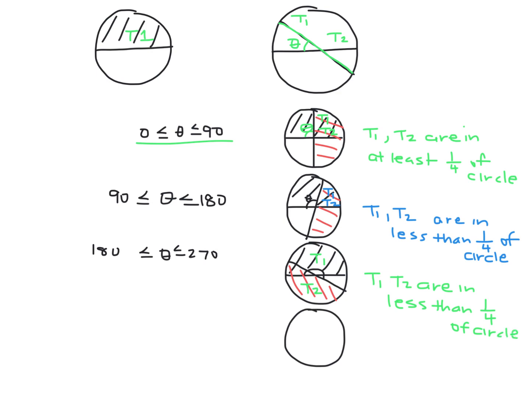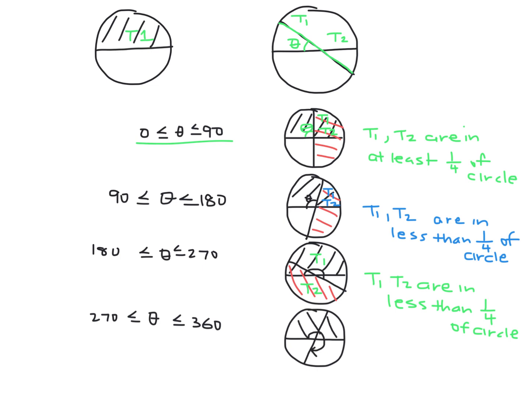And then finally, the very last scenario, which is when theta is between 270 and 360. That is a scenario something like this, where now this is the whole theta right there.